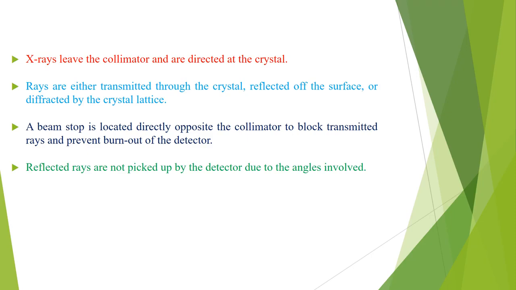And the beam stop is located directly opposite the collimator to block transmitted rays and prevent burnout of the detector.